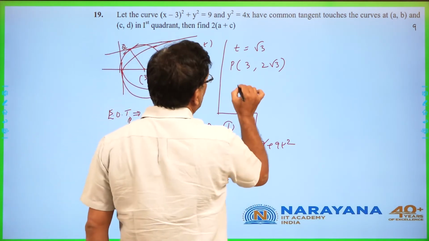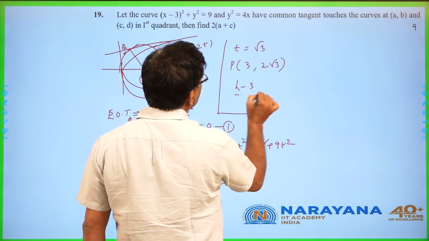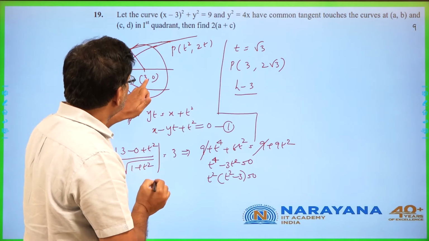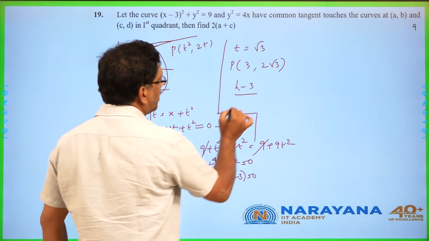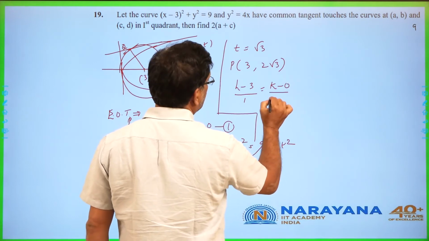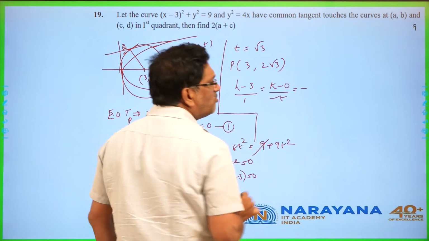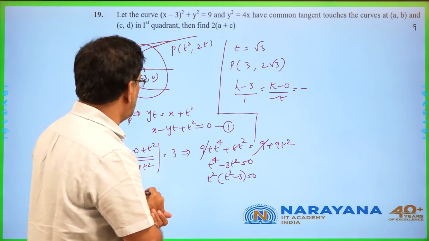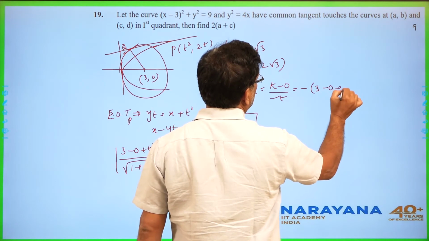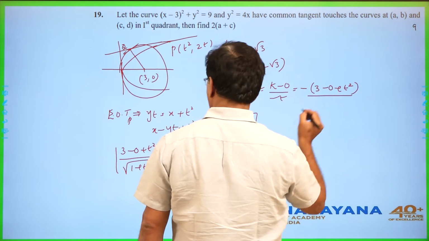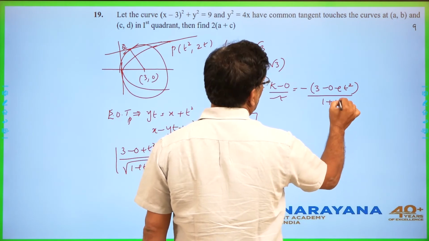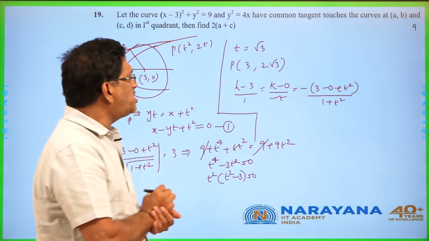So what is the formula? (h minus x1) by a equal to (k minus y1) by b equal to minus (a x1 plus b y1 plus c) by (a square plus b square). The foot of the perpendicular is: 3 minus 0 plus t square by a square plus b square. So we have got t equals root 3.